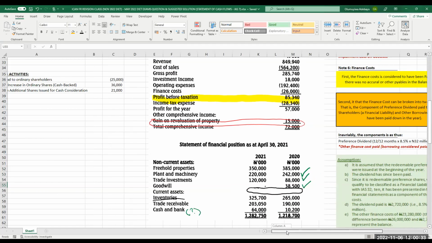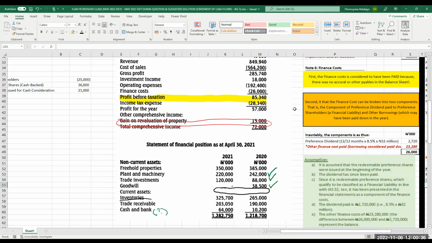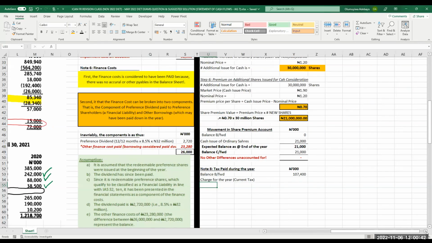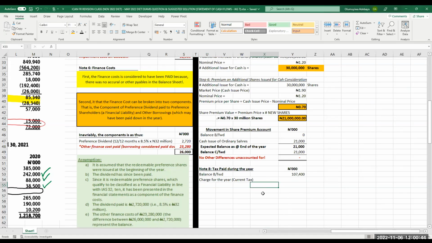Now, the entire 28,340 is our current tax, since there's no deferred tax element in it. You might refer to my video on income tax, IAS 12, for clarification with respect to that. Therefore, I come here, that is 28,340.